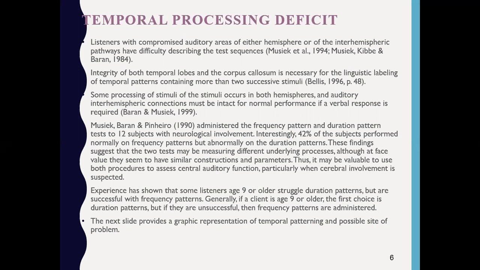And in order for the student to say the pattern of high, low, high, or short, long, short, the information about that timing change crosses the corpus callosum to the left hemisphere. So when the student gives a verbal response, you have to really flesh out with a nonverbal response where the deficit is.